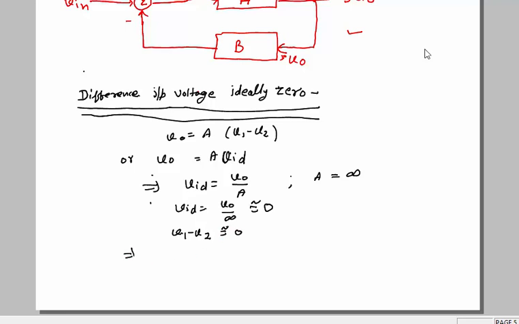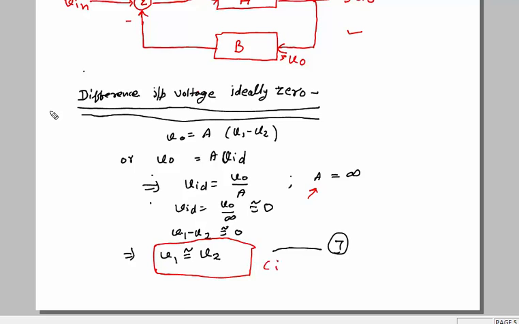So this implies that V1 is approximately equal to V2. Let's call it equation number 7. So V1 and V2 are the same. For this we have considered an approximation, so this is ideal, not exact.